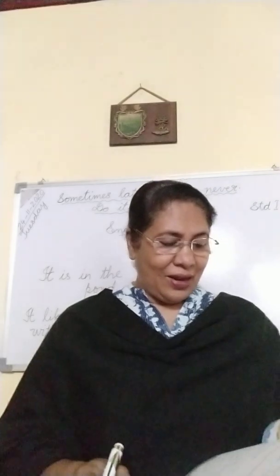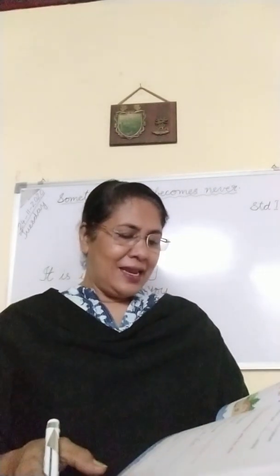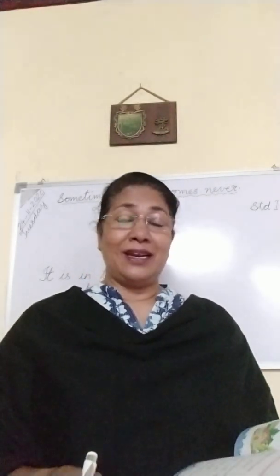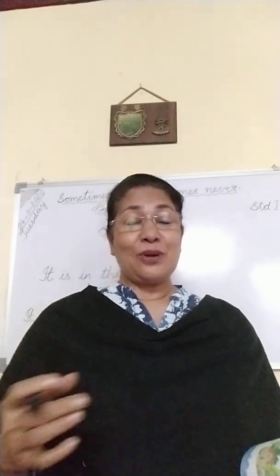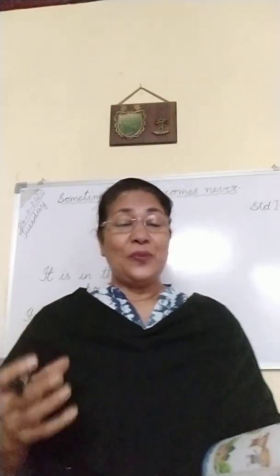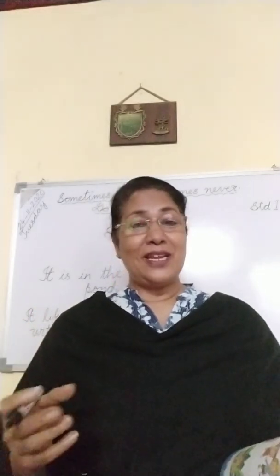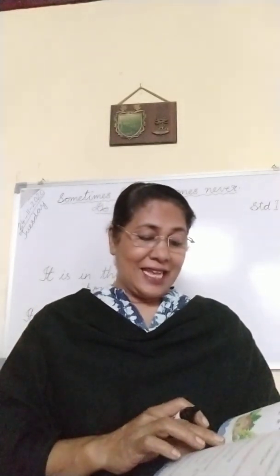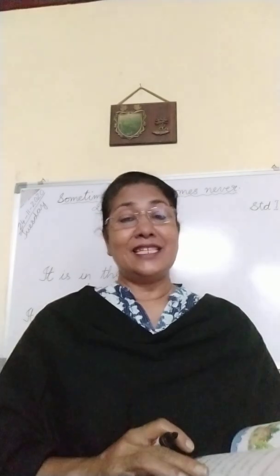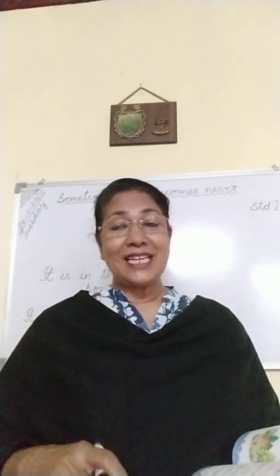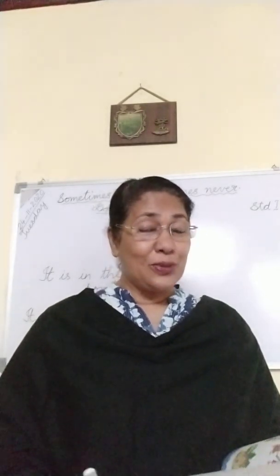Okay. Third one. Harry is in class 1. Now you know Harry. When you talk about Harry, you know which gender he belongs to, whether masculine or feminine. Yes. Harry is in class 1. Harry is 6 years old. You don't have to repeatedly say Harry, Harry. What should you say?